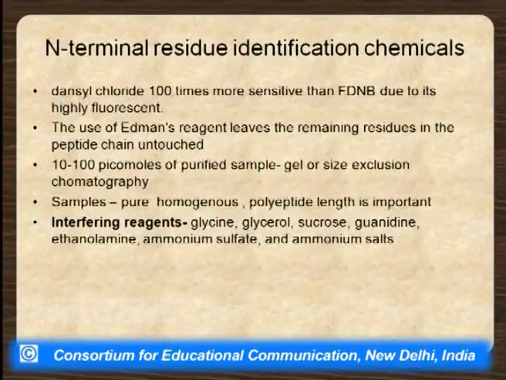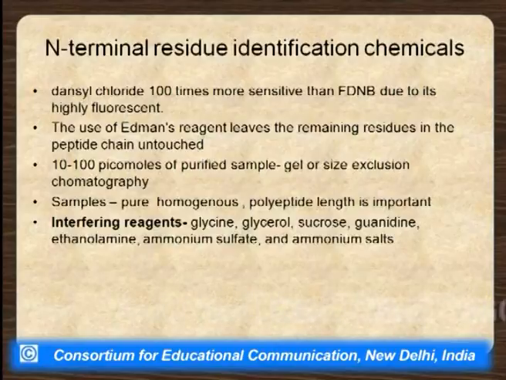So, we can use it constantly for finding each and every amino acid comprising the polypeptide chain, and they require 10 to 100 picomoles of sample, which can even be taken from a gel or size exclusion chromatography. We, however, require very pure and homogeneous samples, and polypeptide length is also important.